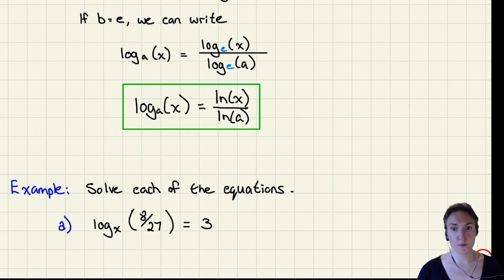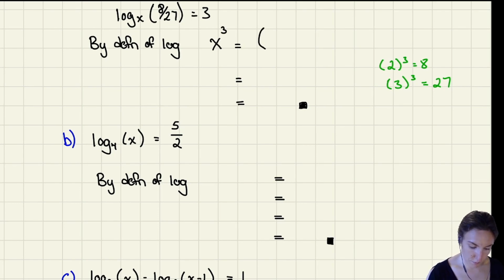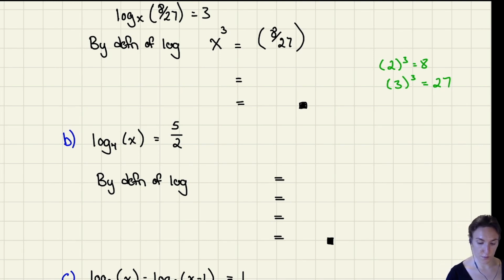Okay, now we're going to solve each of the following equations. Okay, so by definition of logs, if I want to change it to exponential form, what is my base of the log? It is an x. So x cubed is equal to, the thing I'm taking the log of is 8 over 27. Now I'm trying to solve for x here. So this also reviews a bit of what we were doing last week with radicals and exponents.